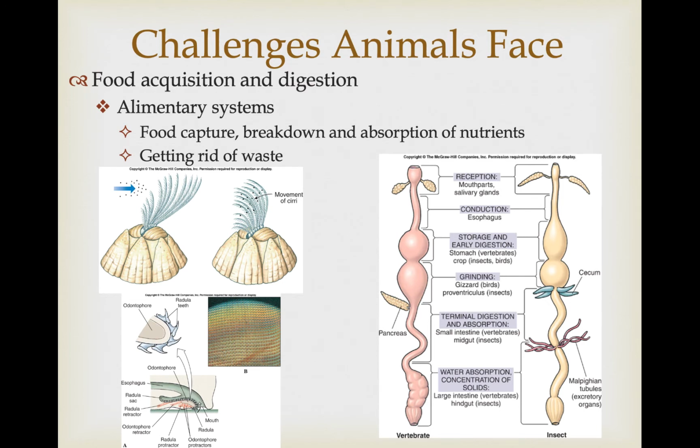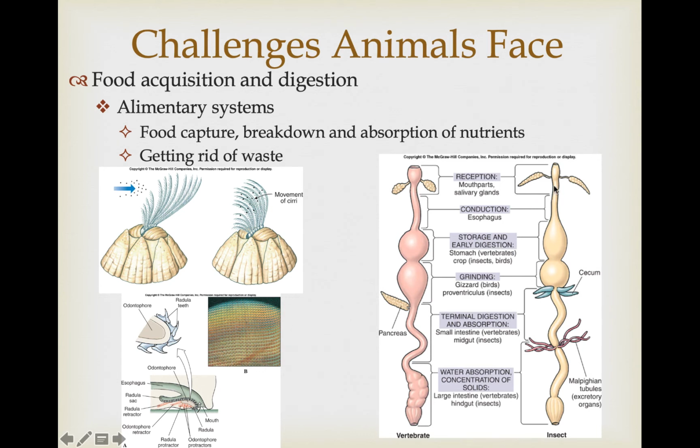Another challenge that all animals face is they have to eat. They somehow have to get the energy to keep them alive. So food acquisition and then subsequent digestion of that food is very important. And most animals have an alimentary system or a digestive tract. And that starts with various forms of capturing the food and maybe subduing the food if you're a predator.